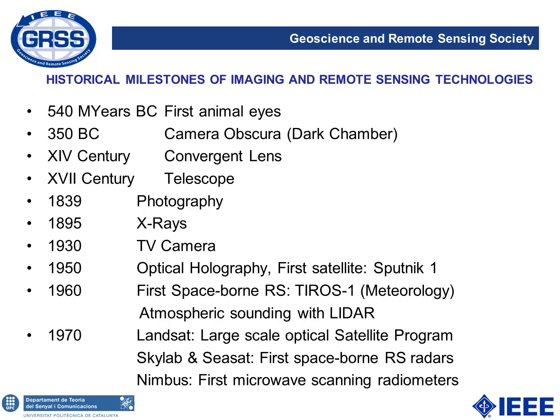TV cameras and optical holography are also important steps, with the invention of optoelectronic devices, lasers for example, and in the 1950s the beginning of space technology with the launch of the first satellites was really important, because that was the opportunity to place sensors at very high altitudes with important coverage of the Earth.